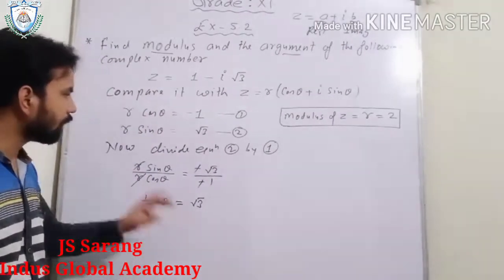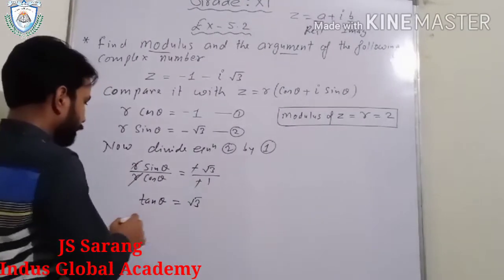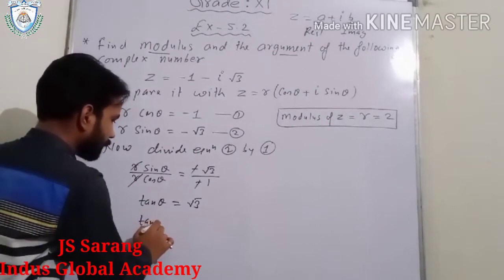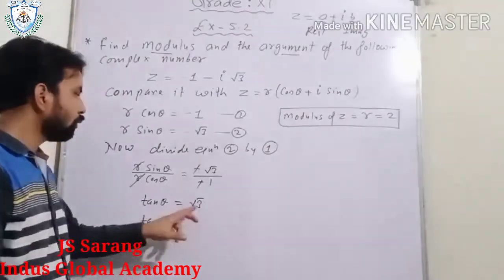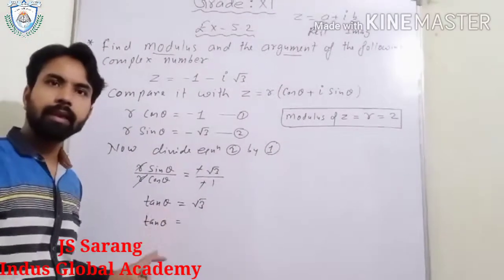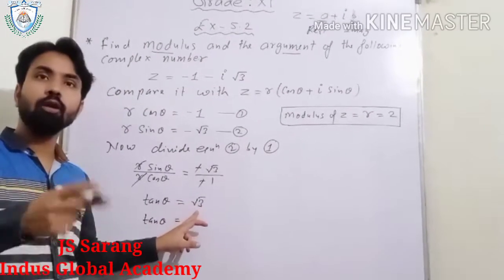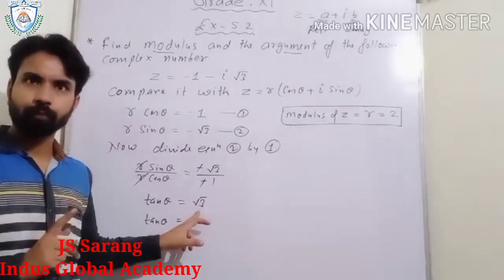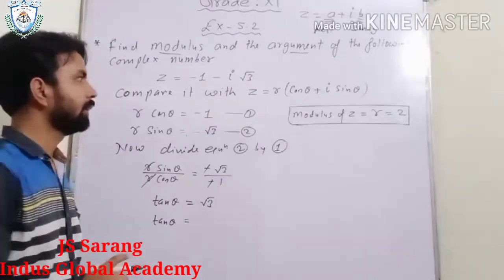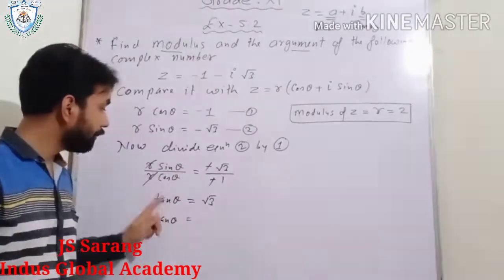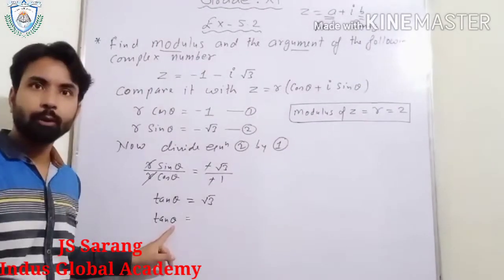Clear? Now see, tan theta equals under root 3. We should know the value of root 3 in tan. Root 3 is the value of tan 60 degree. But I told you that we will write theta in radian, not in degree.